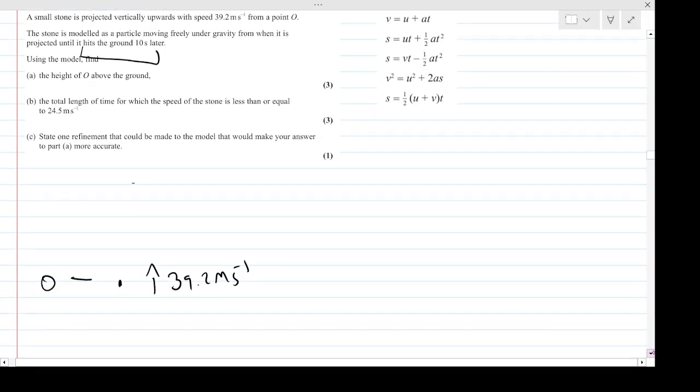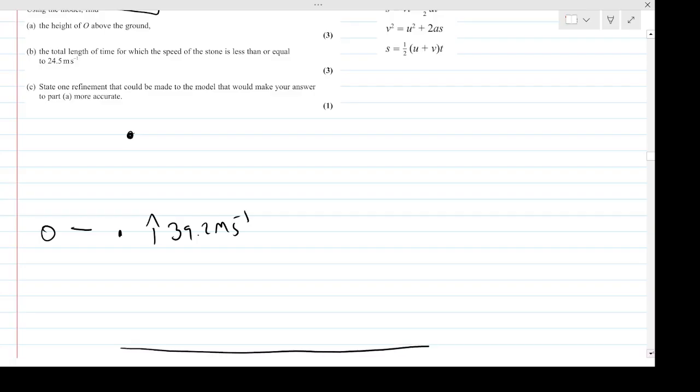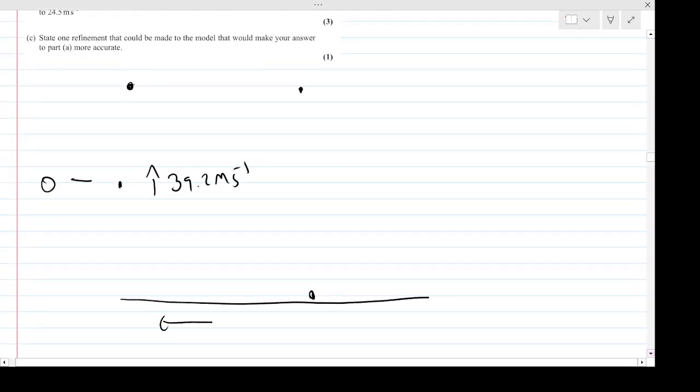So again, it starts from this level O, and then the ground level somewhere down here. Then it reaches a maximum point, then after that maximum point it comes back down, and then it hits the ground 10 seconds later. So the time is 10 between when it starts to when it hits the ground.